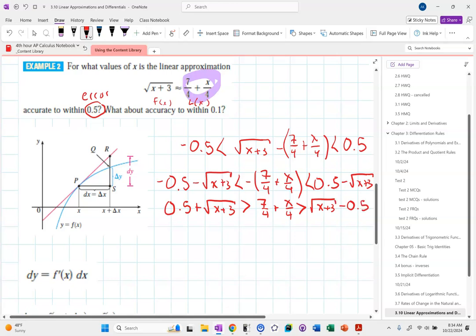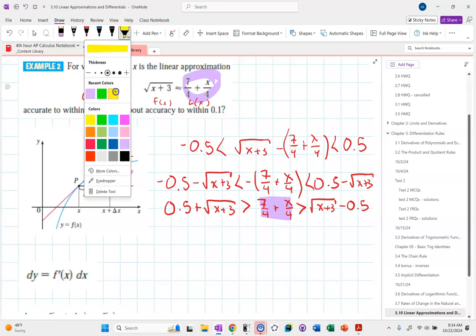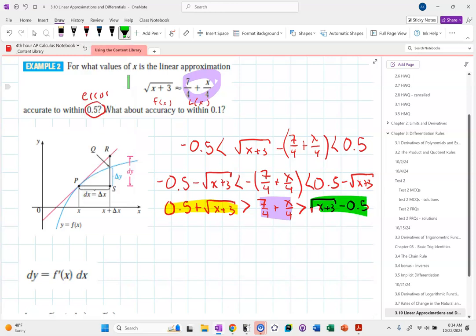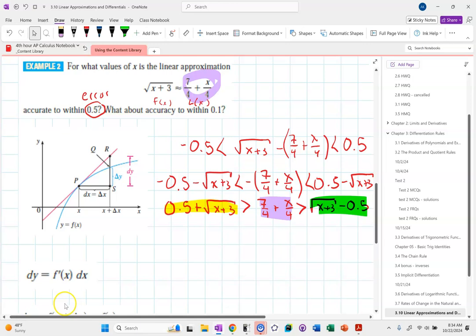So what I need to do now is I need to find when is this linear function between this function and this function? Well, to do that, what I'm going to do is graph.